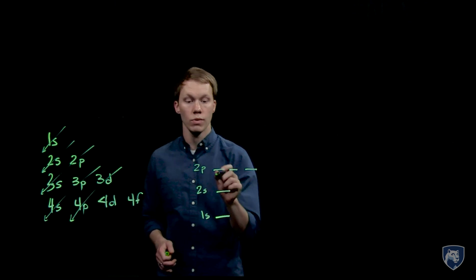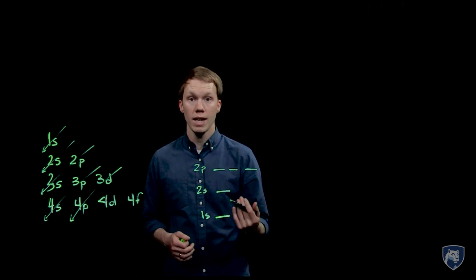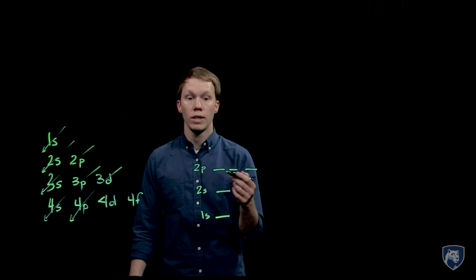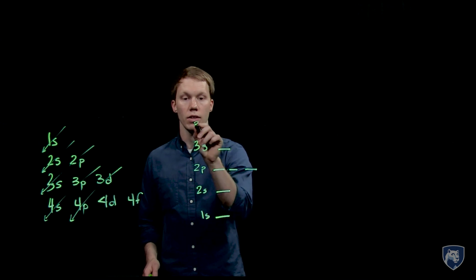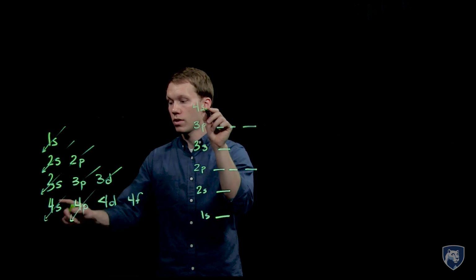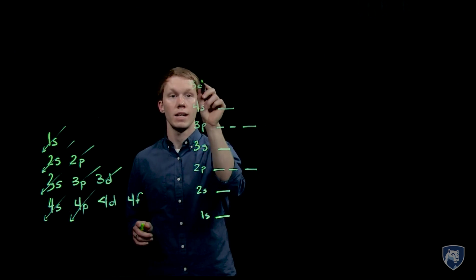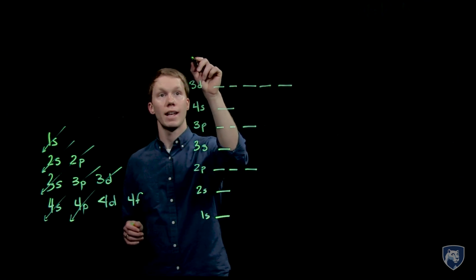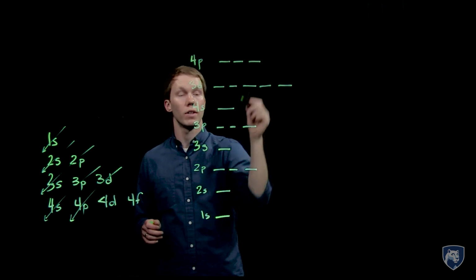There are 3 of those, remember. M sub L values of -1, 0, and +1 tell me that there are 3 different orientations for this p orbital in space. Then we'll go up to the 3s, 3p. The 4s then starts to overlap. And then we go back to 3d, 5 of those, and then the 4p, 3 of those.